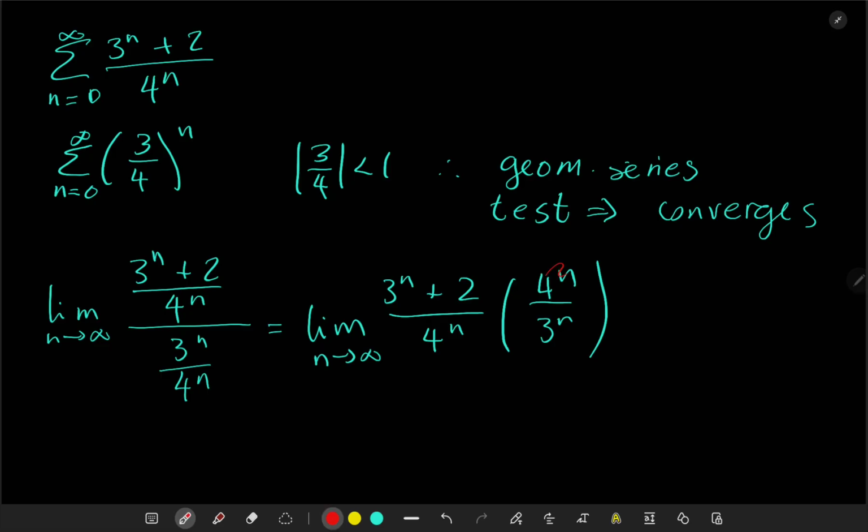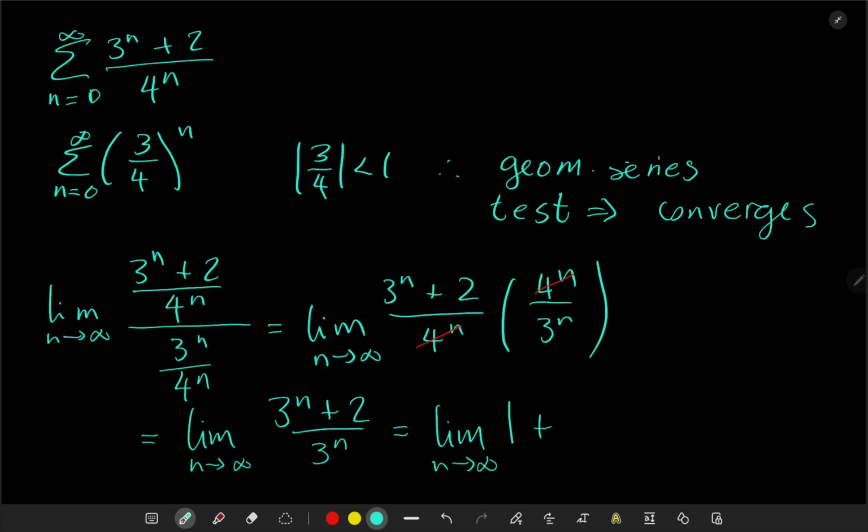So you see, firstly, the 4 to the n will cancel right away. And then this is going to be the limit as n goes to infinity of (3^n + 2)/3^n, where you can distribute this and write it as the limit of 1 + 2/3^n.